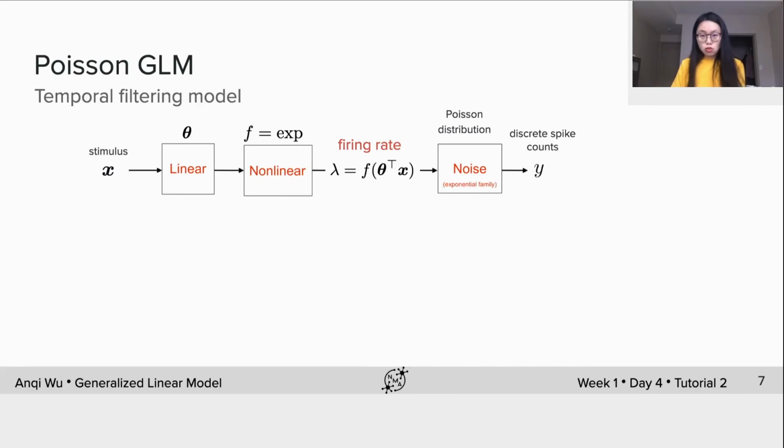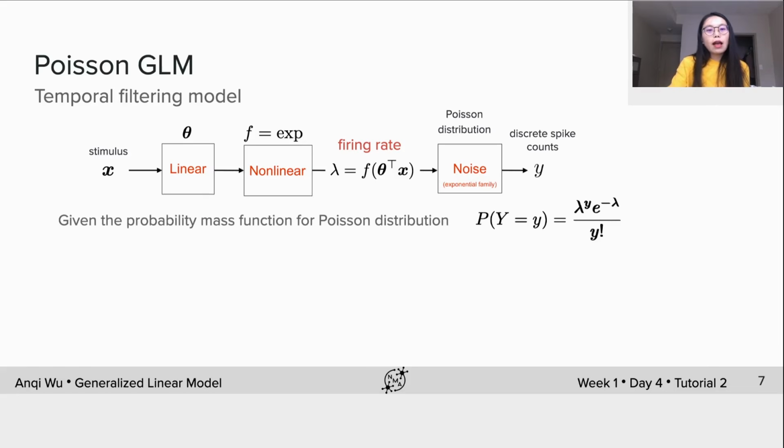After introducing the Poisson distribution, we can talk about how to define the Poisson GLM now. Poisson GLM has this diagram. The inverse link function f for Poisson GLM is usually chosen to be exponential to guarantee the non-negativity of the firing rate lambda. We know the probability mass function for the Poisson distribution: P of Y equal to small y is equal to lambda to the y, e to the minus lambda, over y factorial.